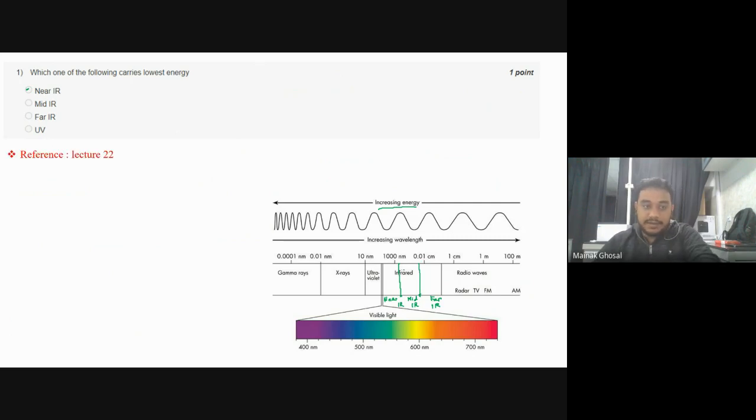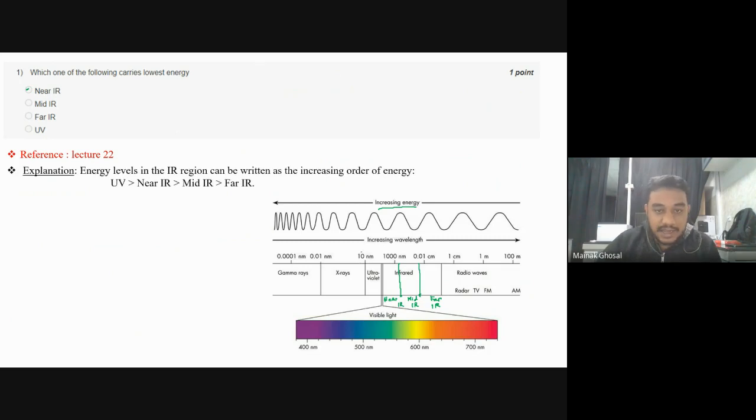This was also discussed in lecture number 22, that the energy levels can be written in this order. This is the UV region, it will have more energy. Next will be the near IR region.